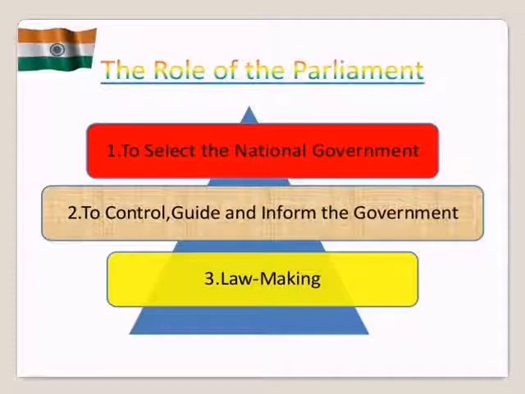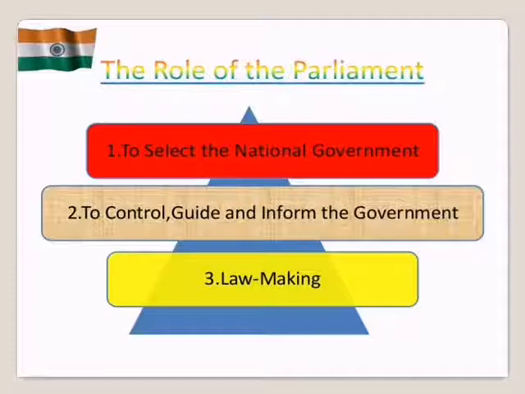There are three organs of the government. First, legislature, second, executive, and third, judiciary. Legislature is the law-making body of the government. This body makes law for the country. The second organ is executive. Executive is the body which executes or implements the laws made by the legislature.